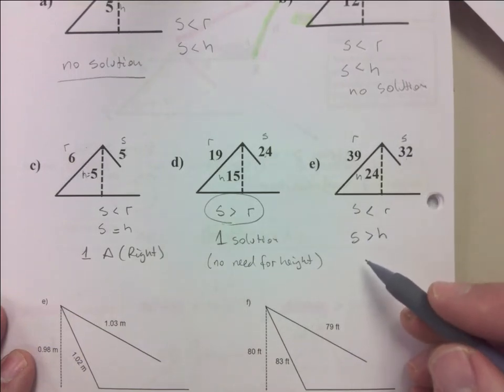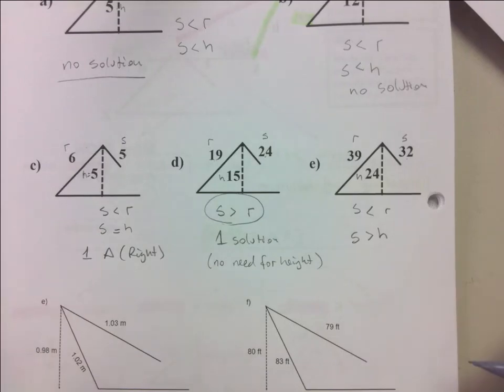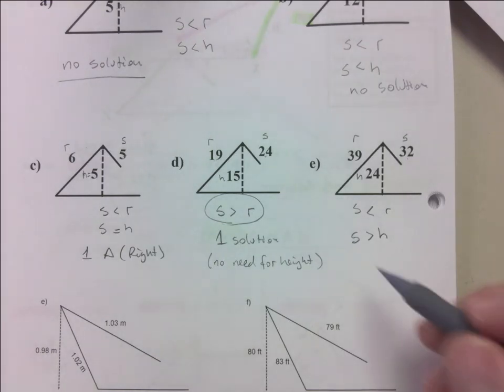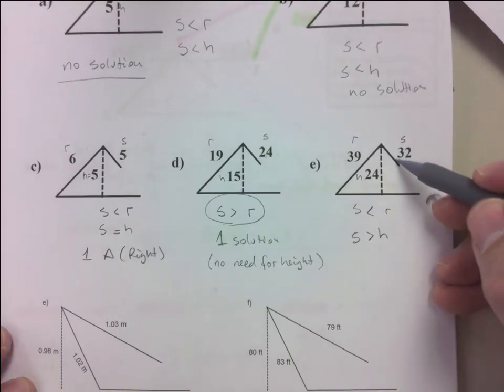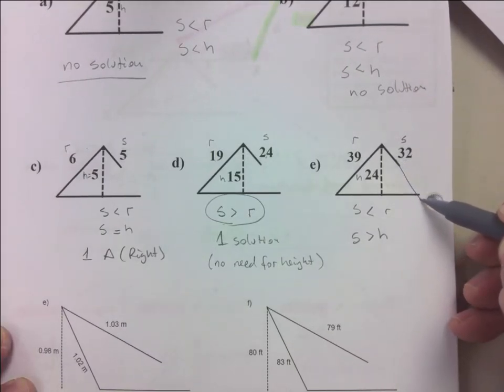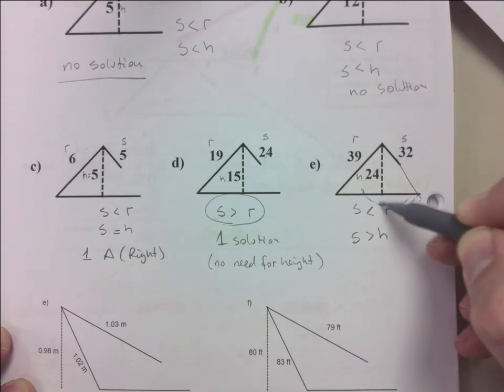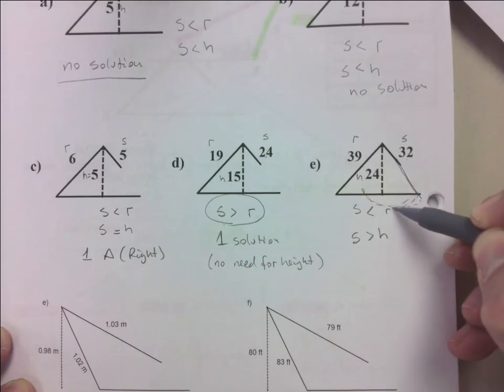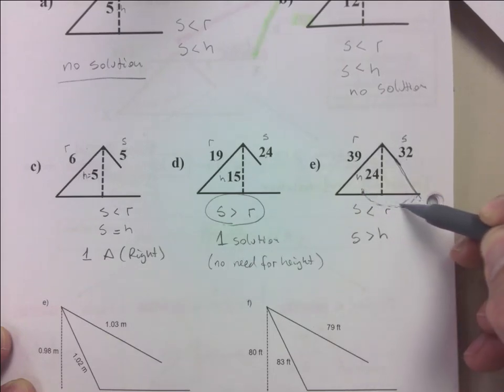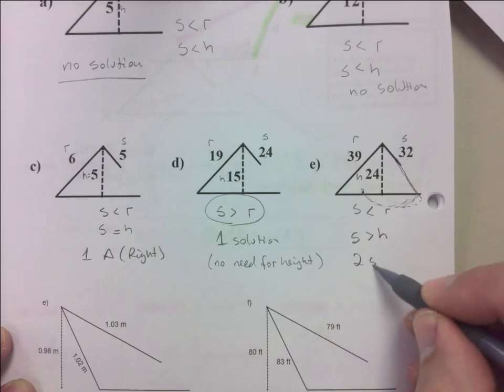How many solutions? Bingo. 0, 1, 2. What do you want, Mr. Dirksen? 2. When the string is greater than the height, you can feel free to do one of these. This technically is longer than the height, so it can do one triangle here and one triangle there. So 2 solutions.